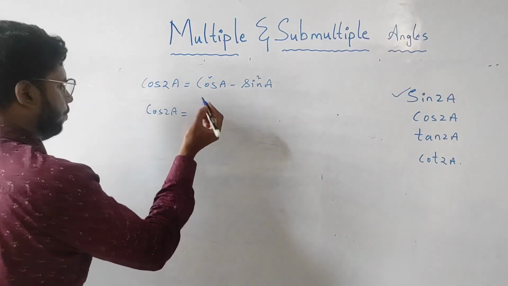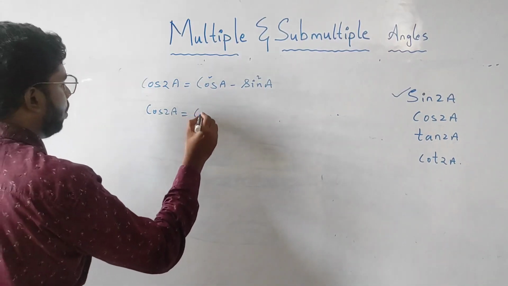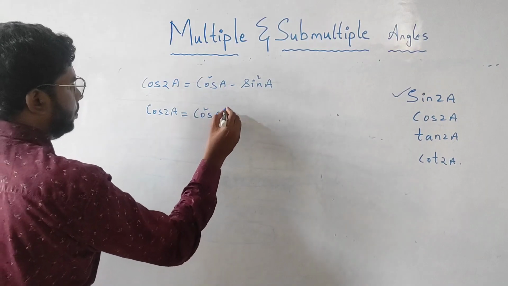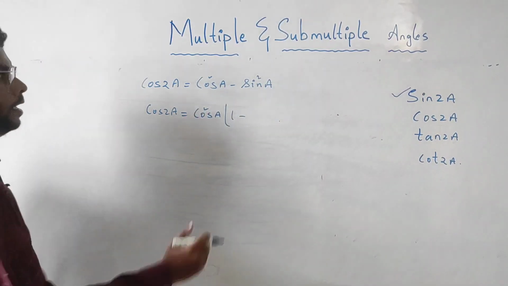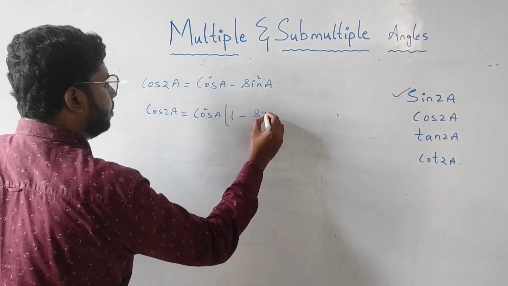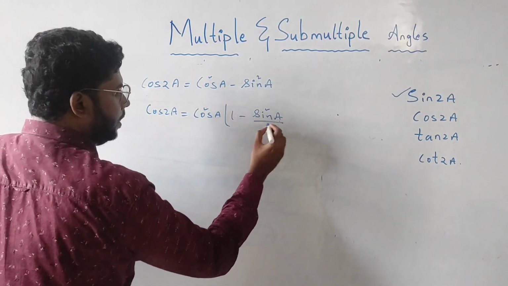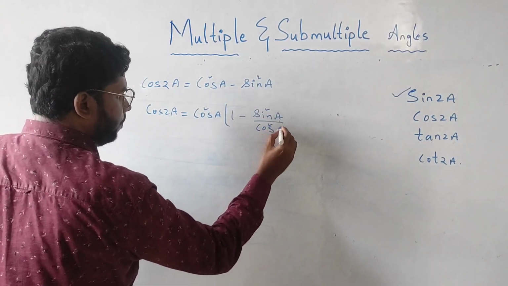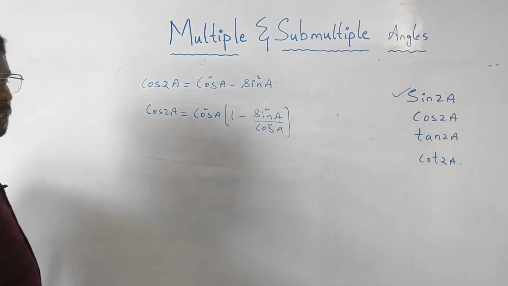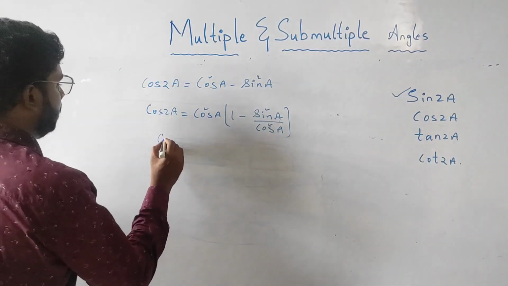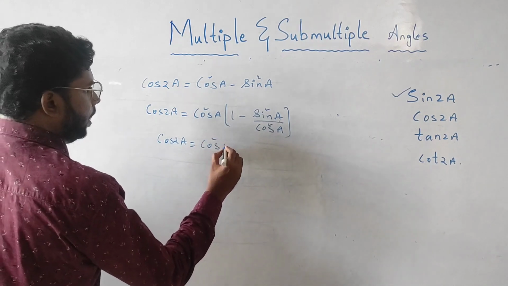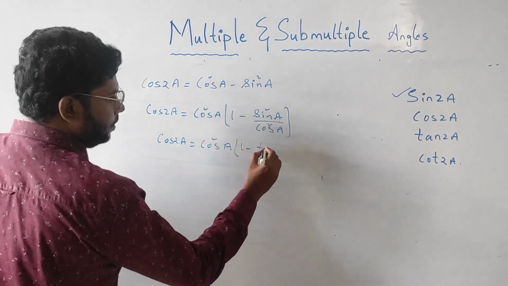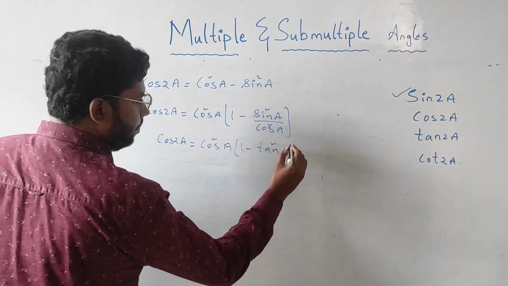So I am taking cos square a common, so 1 minus, here what will it become? It will become sin square a by cos square a. Why? Because I am taking cos square a common. So cos 2a equal to cos square a into 1 minus tan square a.